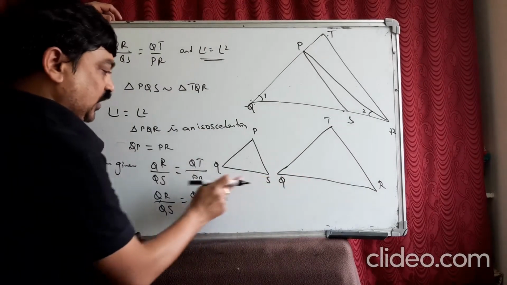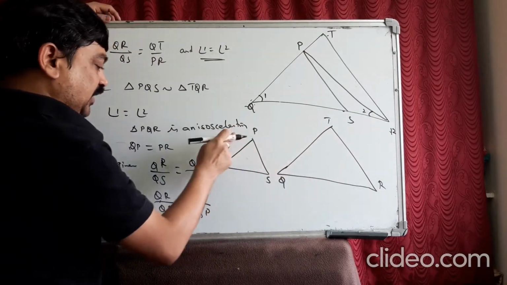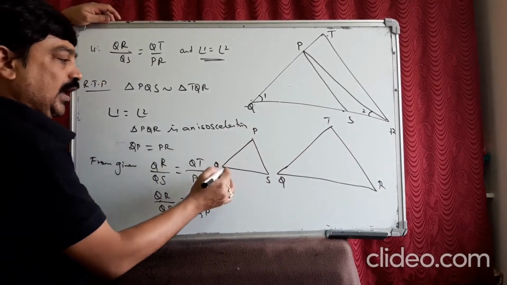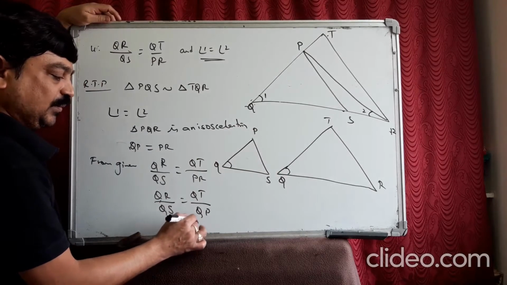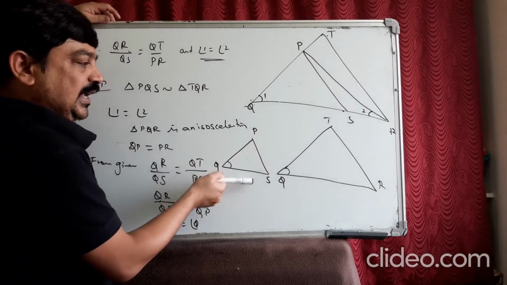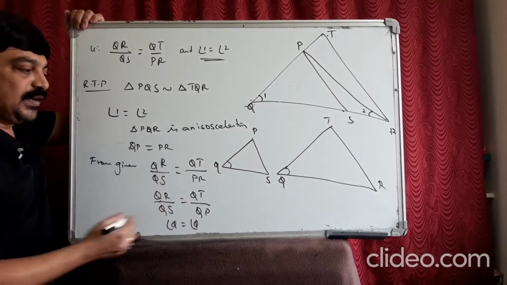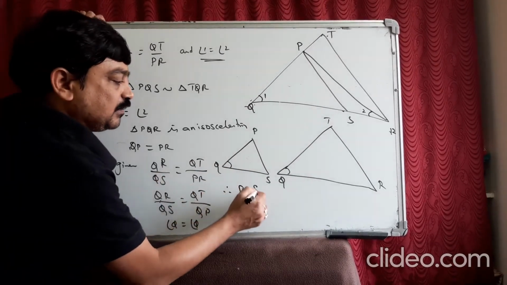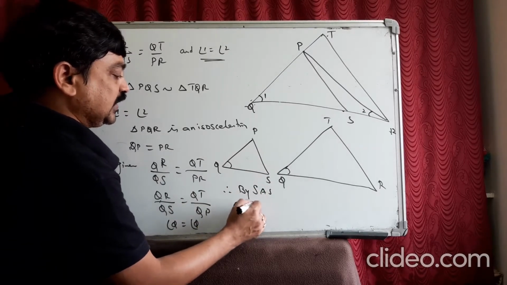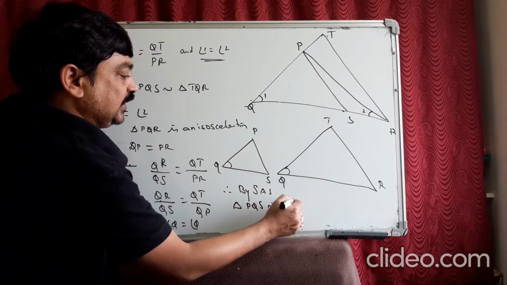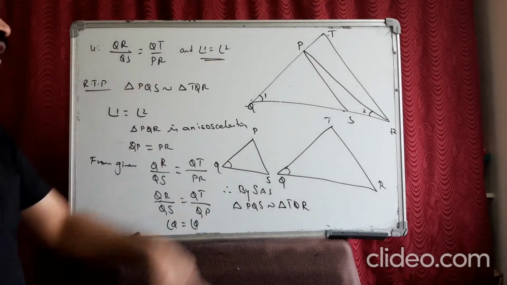QR by QS is equal to QT by PQ, and angle Q is the same in both of them. So SAS. According to the SAS concept, triangle PQS is similar to triangle TQR. The only thing we apply is the isosceles triangle concept. That's it.